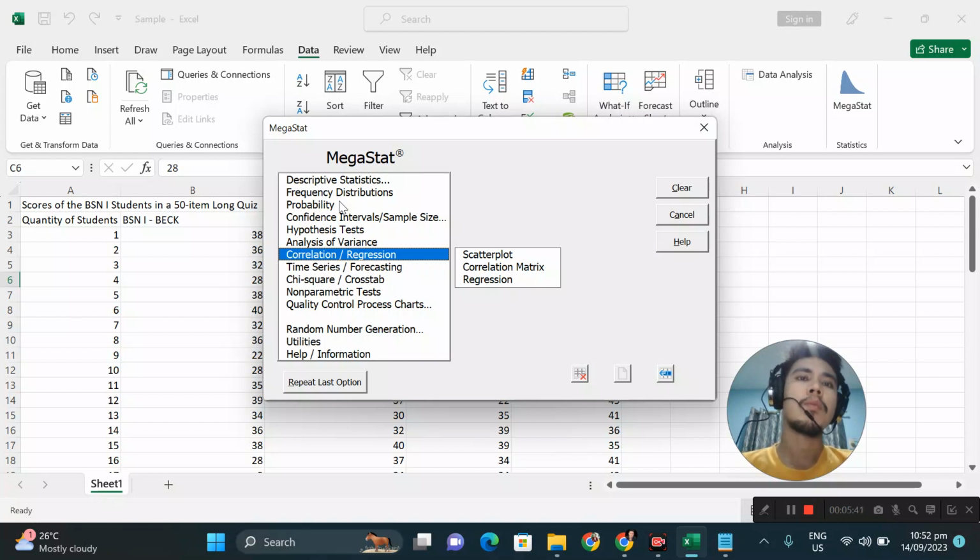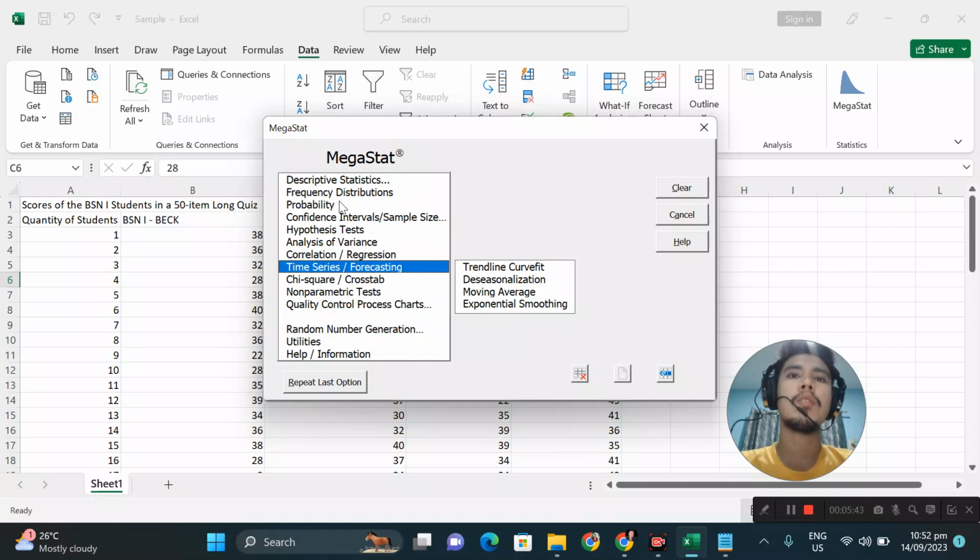We also have the time series or forecasting, which comprises the trendline curve fit, the deseasonalization, the moving average, and the exponential smoothing.